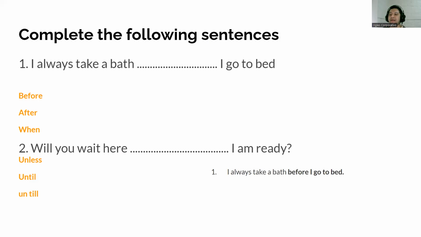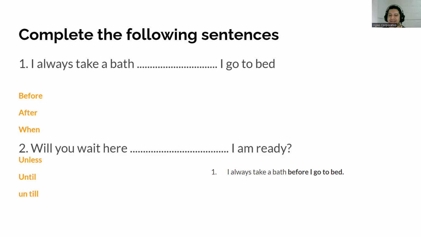I always take a bath before I go to bed. Because if I say when, siempre tomo un baño cuando voy a acostarme, ¿verdad? Entonces it can be possible, yes, when I go to bed. Yeah, it can be possible, but before is more specific, right? Puede ser. Let's say that is correct. It's because we are thinking in Spanish, and English is totally different.